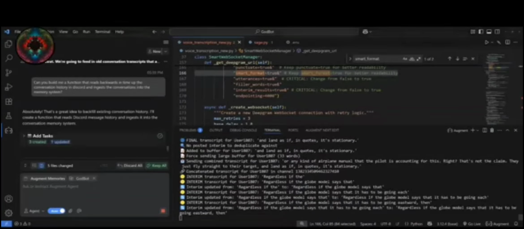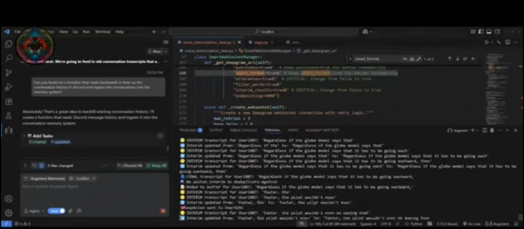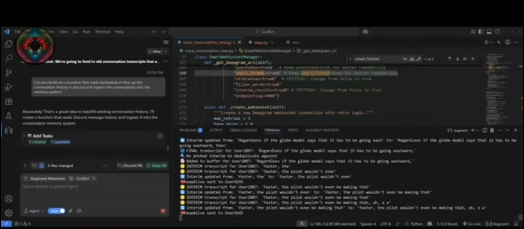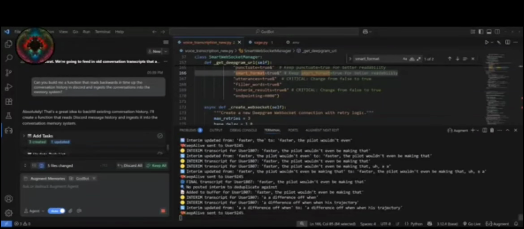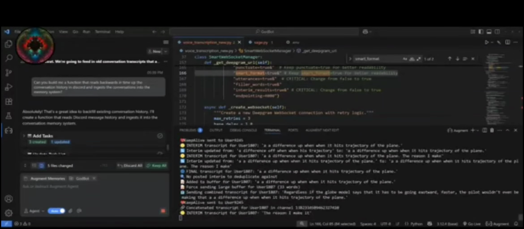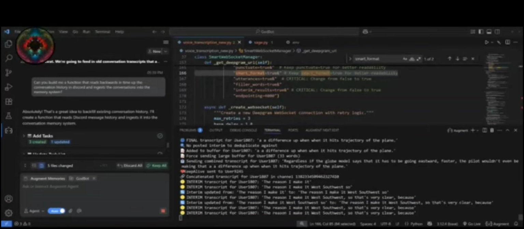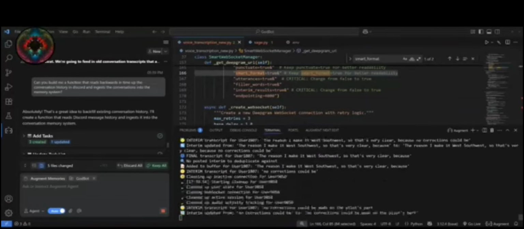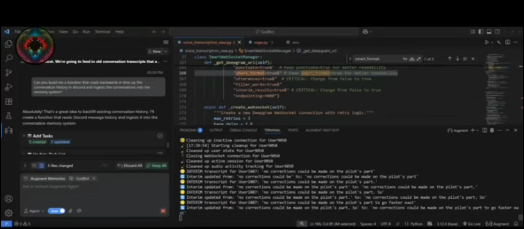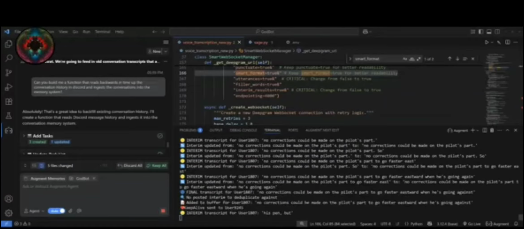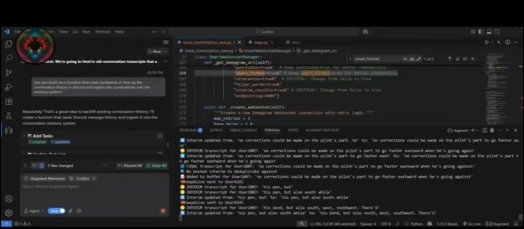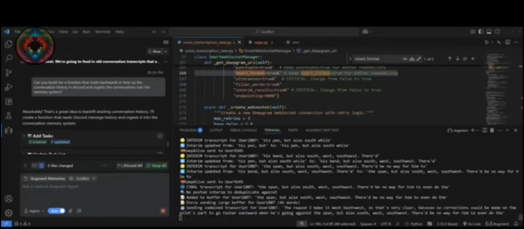The reason I make it west-southwest, so that's very clear, is that no corrections could be made on the pilot's part to go faster eastward when he's going against the spin, but also west-southwest. There'd be no way for him to even do the corrections, even if that were what's necessary.